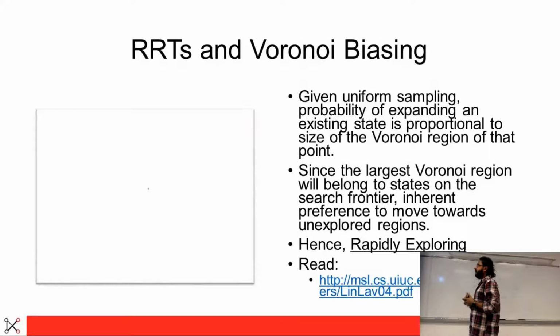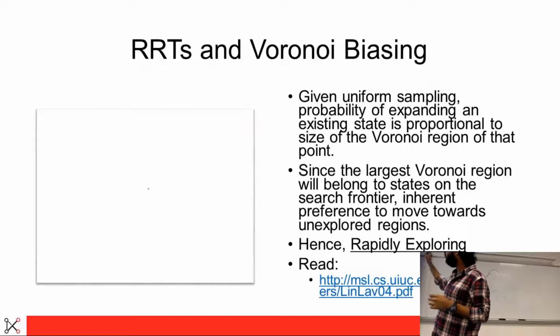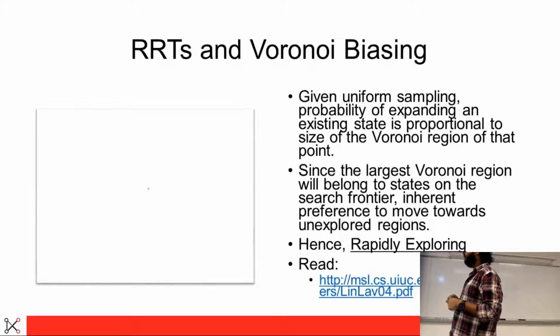We come to the concept of using RRTs for Voronoi biasing, right? That's a small little animation, thanks to Wikipedia, which tells you how RRT proceeds. Take a moment to observe. You can see how it starts relatively sparse in the beginning, moving towards the four corners immediately, pretty much.